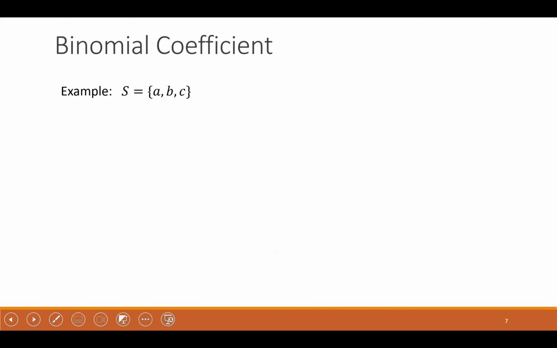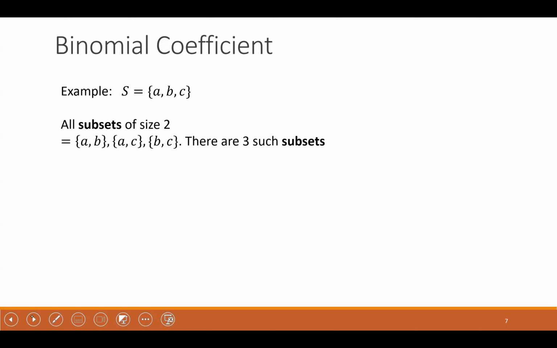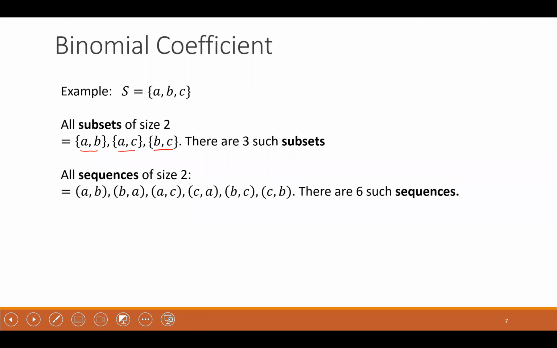So as a simple example, if I have a set S equal to {A, B, C}, then all the subsets of size 2, I can write them out pretty easily. A and B, A and C, and B and C. So all the subsets of size 2, there are 3 of them. Now, if I wanted to count all of the sequences of size 2 taken from the elements of this set S, well, I can list those out as well.